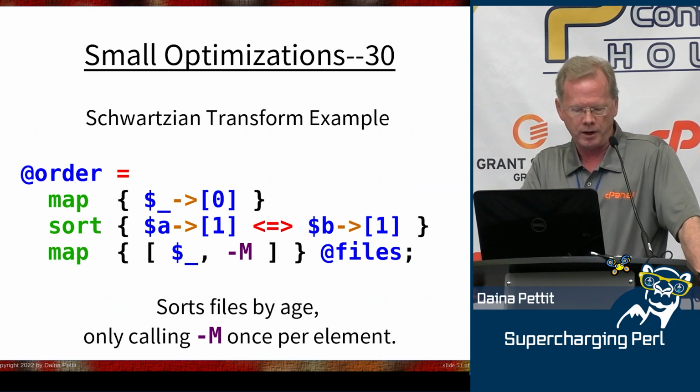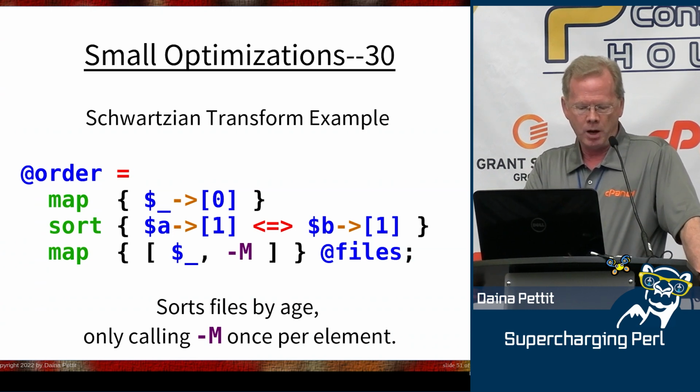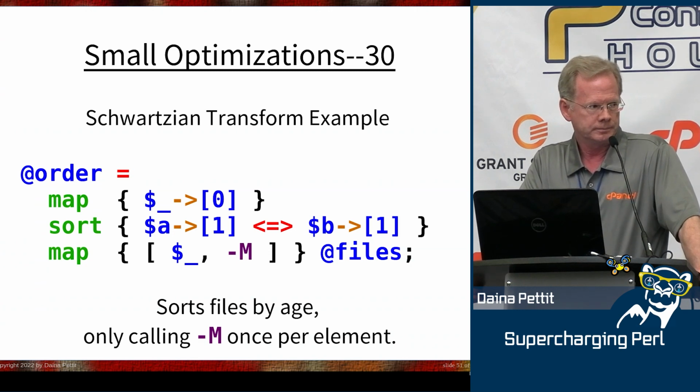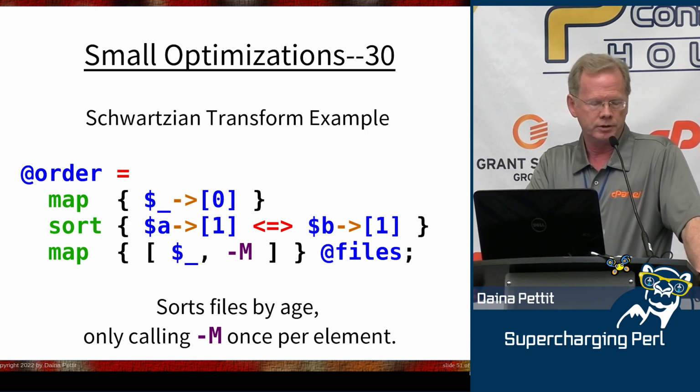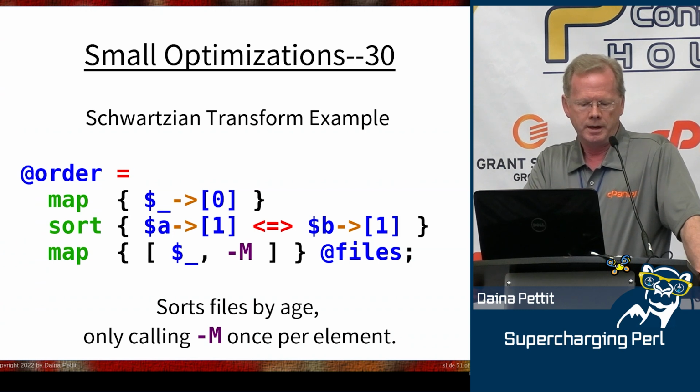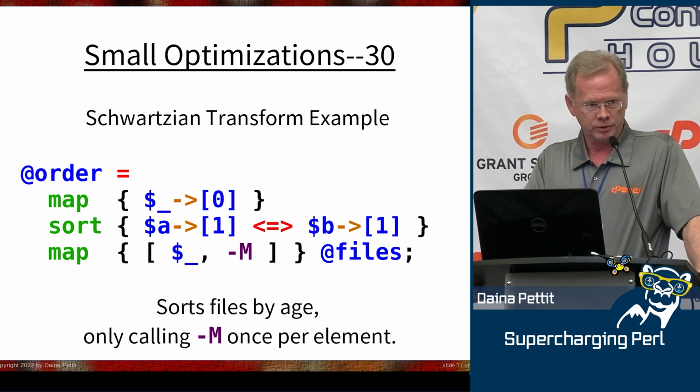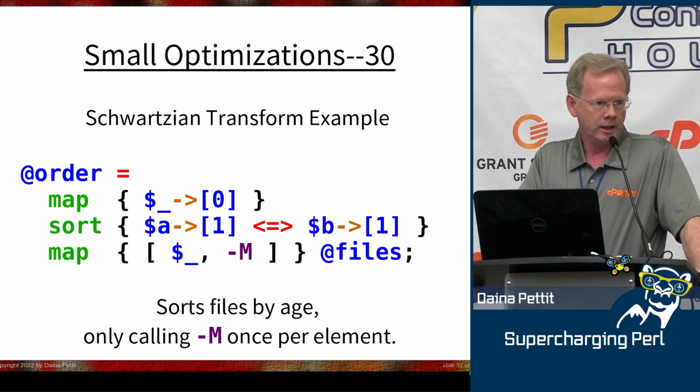It takes the list of files and it adds the modification date to the array. And then it sorts that array based on element 1, which will be the modification date. And then it passes that to the last map, the top one, which then just keeps element 0, which will be the file name.